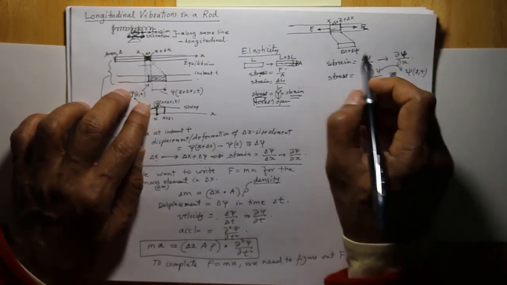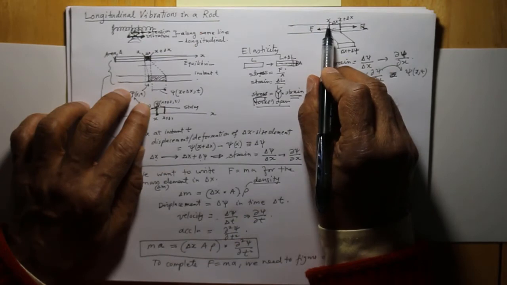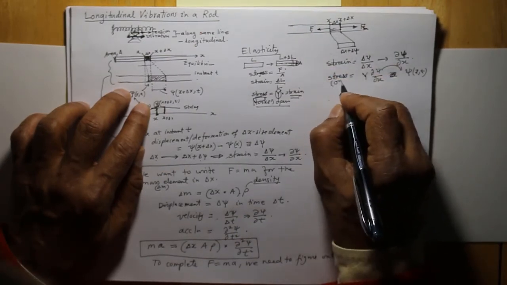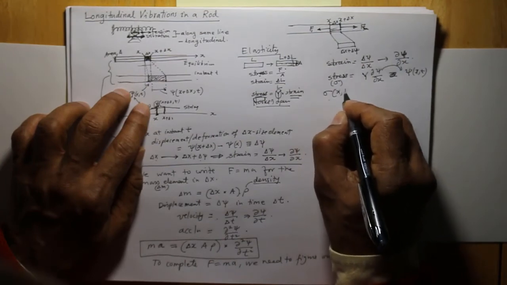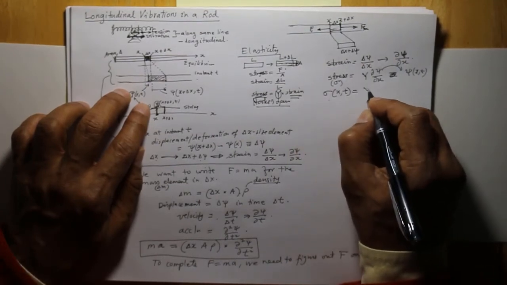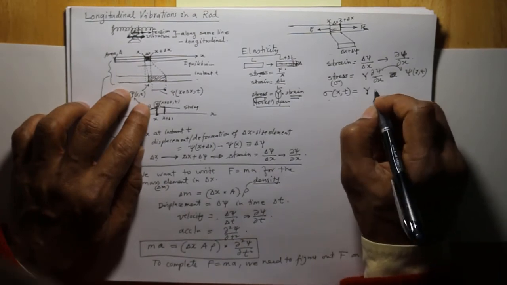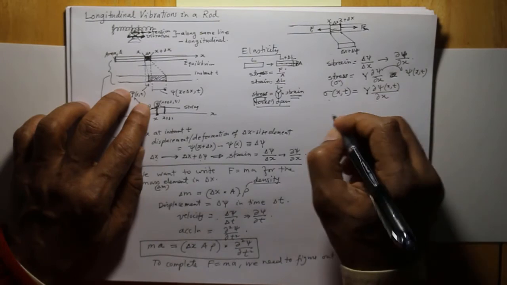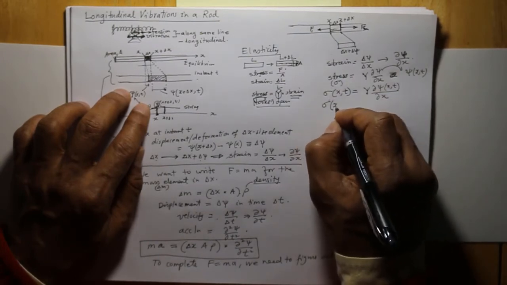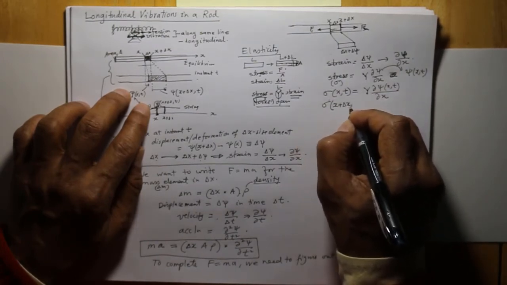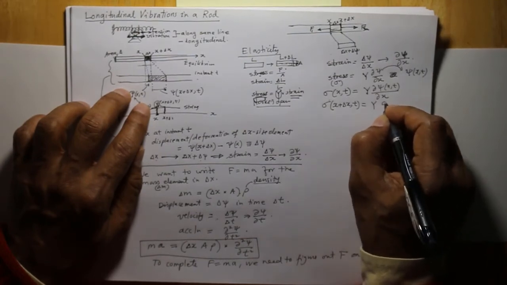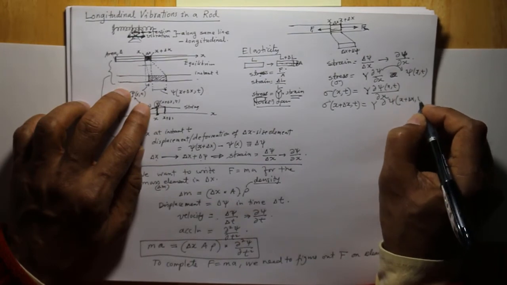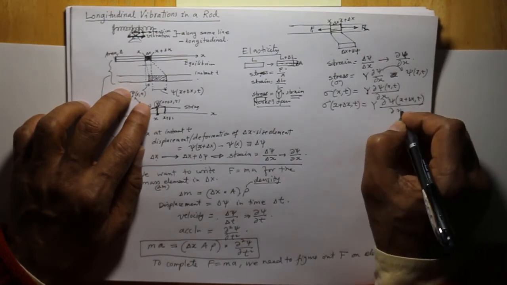So I will get different stress at x and at x plus delta x. Let's call it sigma. So sigma of x and t will be Y, which is independent of x, times d psi of x and t over dx, and then sigma at x plus delta x and t is a little bit different depending on what the psi value is: Y times d psi at x plus delta x and t over dx.